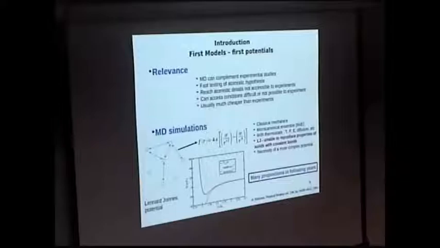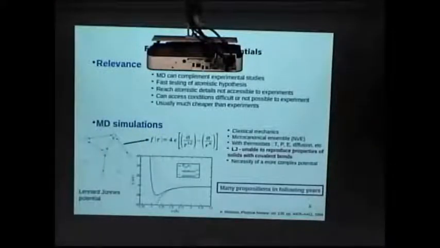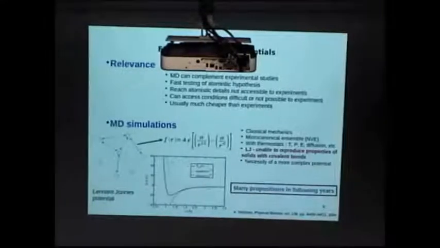You can also access conditions that are difficult or maybe impossible to reach in an experiment, and try other possibilities. And usually a classical simulation is much cheaper than doing experiments for many cases.